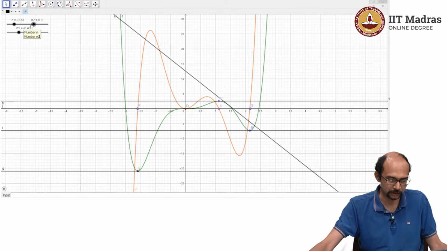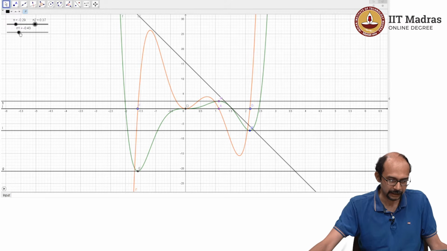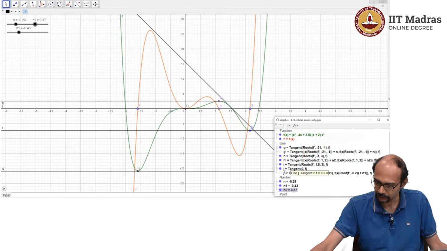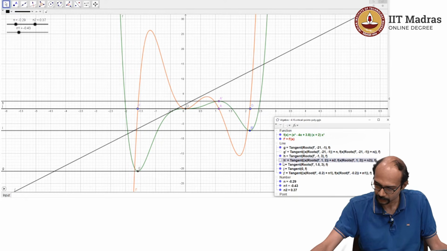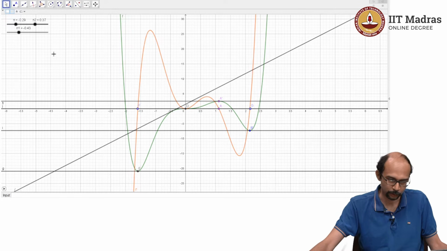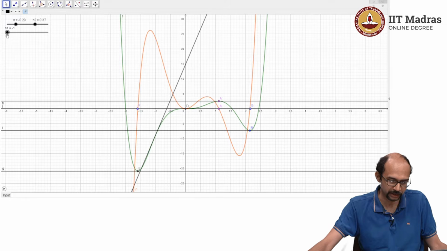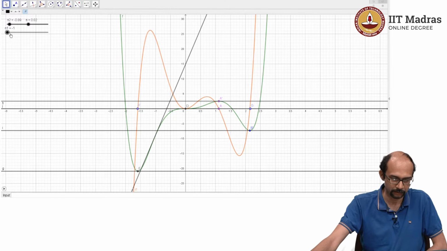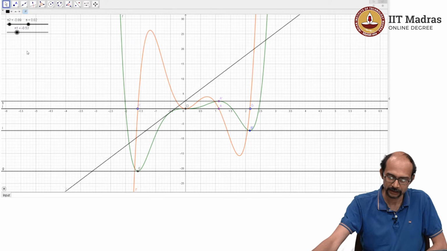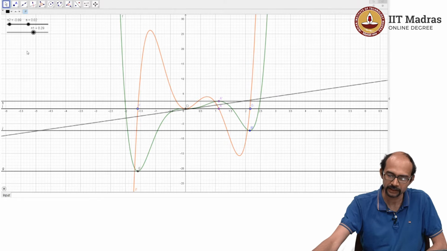The same phenomenon happens at this point. Let us stop that, and now look at this third one, which is what happens at 0. For 0 we will see something strange is happening. Let us play that animation again. Here it is decreasing to 0, and as soon as it hits 0 it starts increasing again.